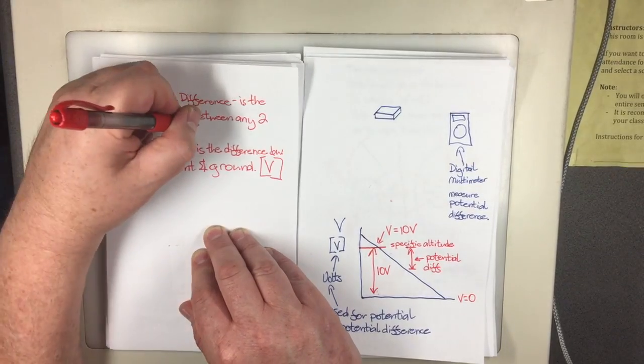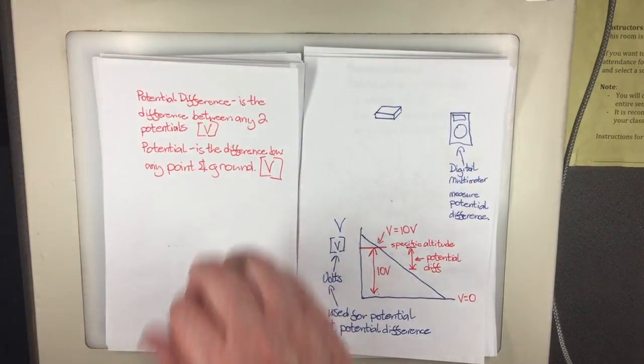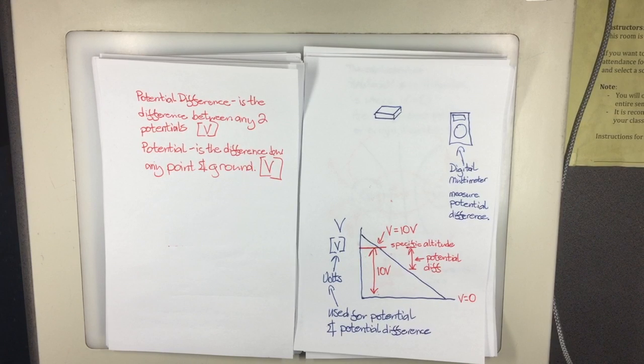Ground being where the potential is 0. So effectively, it's the same thing. Effectively, potential is a subset of potential difference. Potential is just clarifying the fact that one of the reference points is 0, and then the other one says that both of them are non-zero.